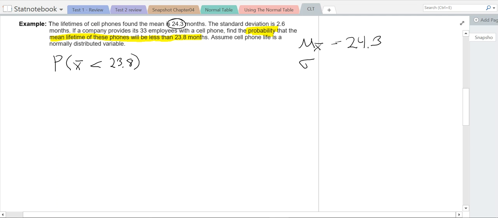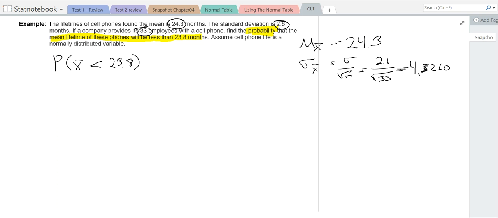We know the standard deviation of X bar is sigma over the square root of n. In this problem, sigma is 2.6, and n is equal to 33. If you do your calculations, this comes out to be 4.5260. Just keep in mind, I went through these numbers, hopefully they're correct, but if there's a particular error, just let me know.